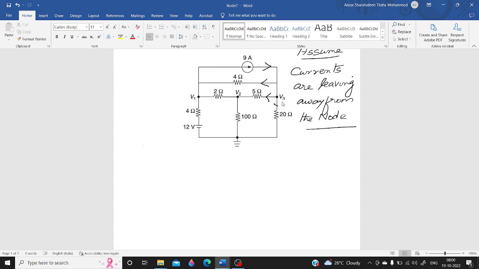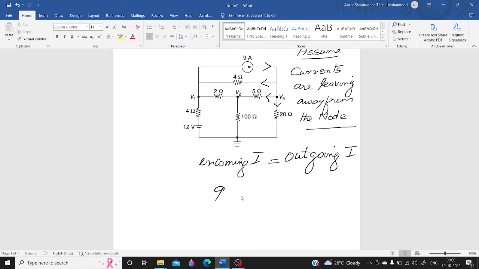So there are four terms. Only one current is incoming, all the other currents are leaving. So incoming current is equal to outgoing current, the KCL equation.